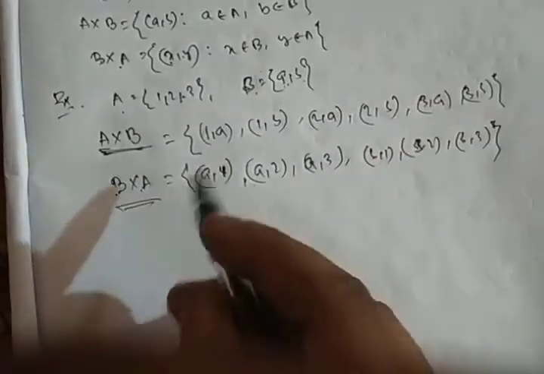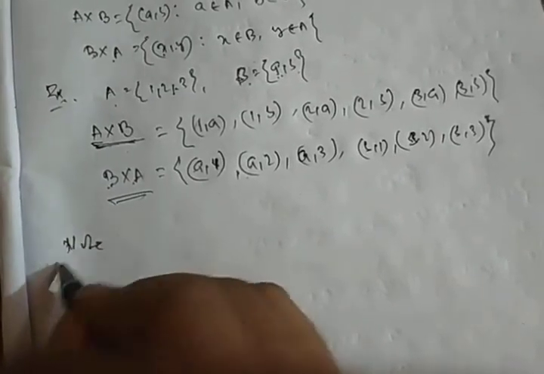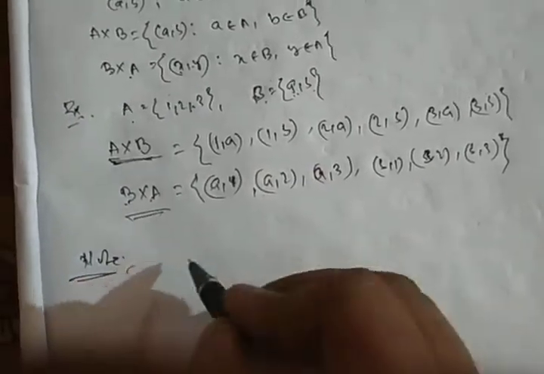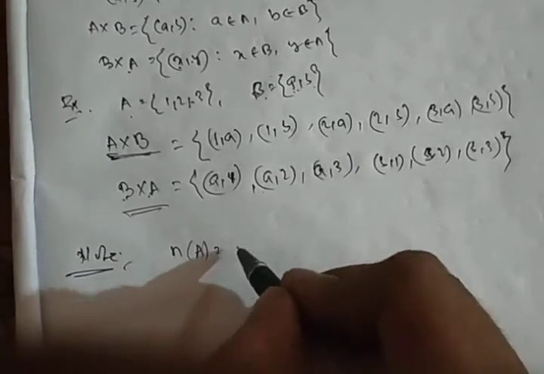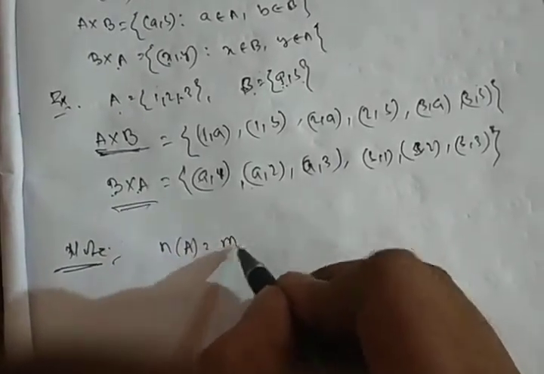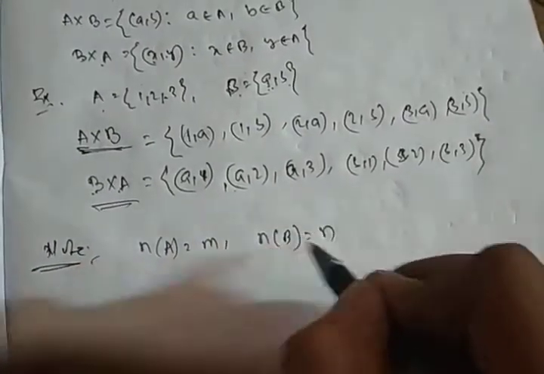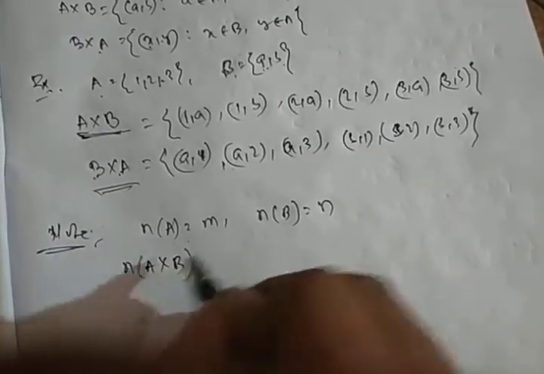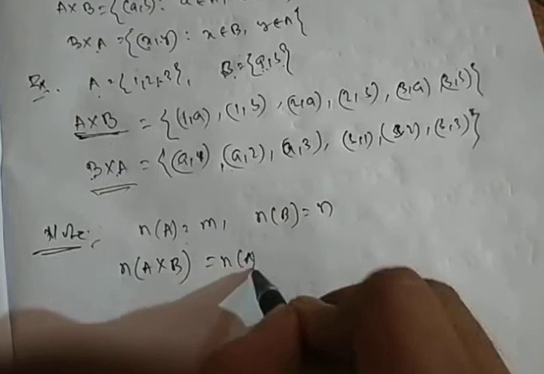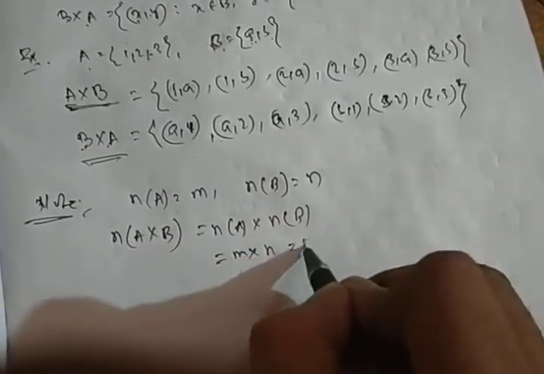In this process we can define a theorem, or take it as a note, which is a result also. If the number of elements in A is m, and the number of elements in B is n, then the number of elements in A cross B will be the number of A times the number of B, which is m into n, which is mn.